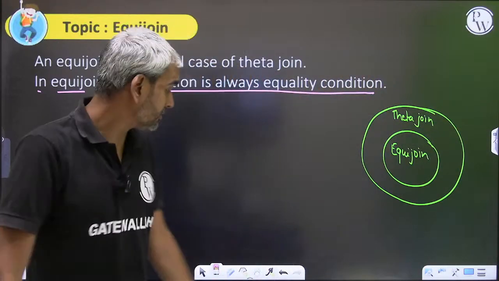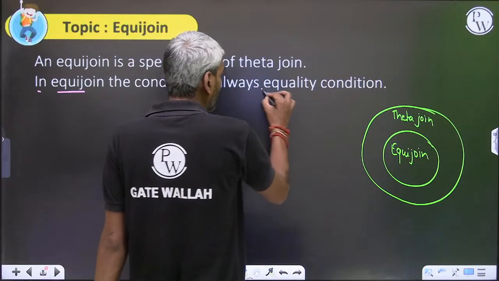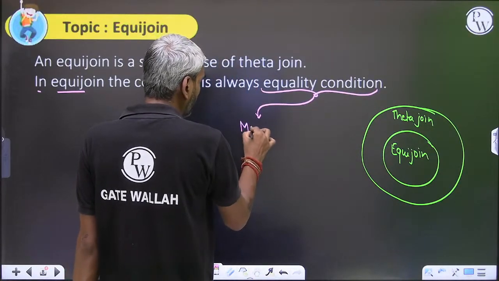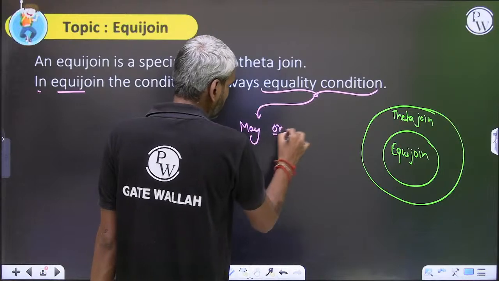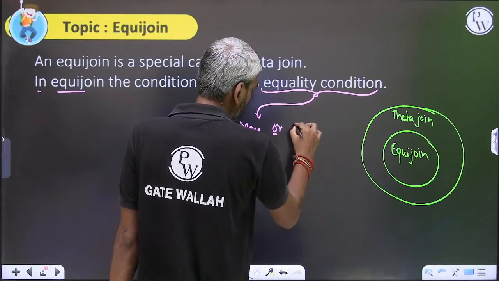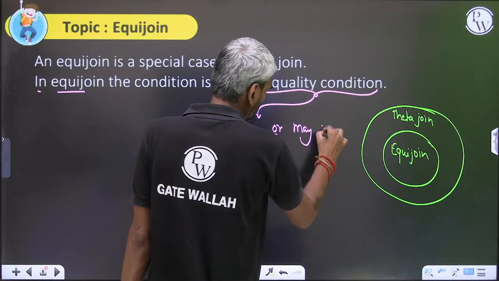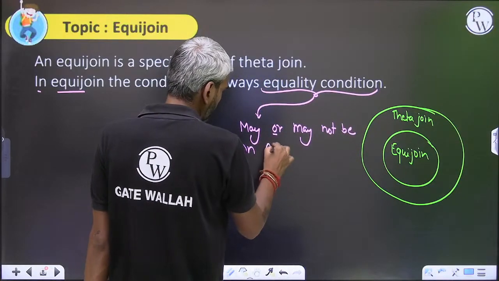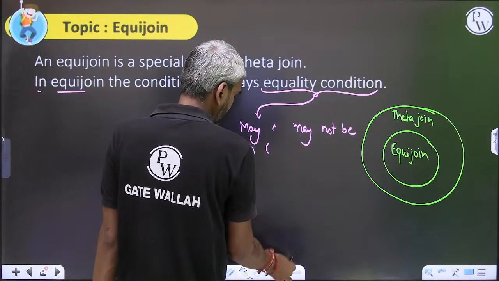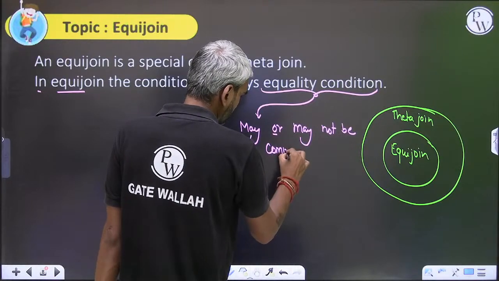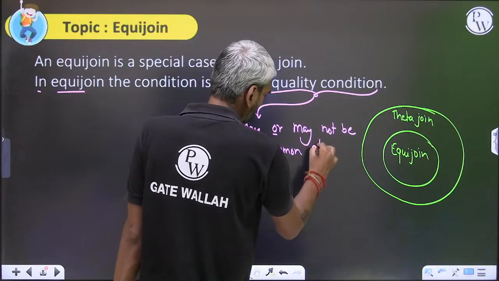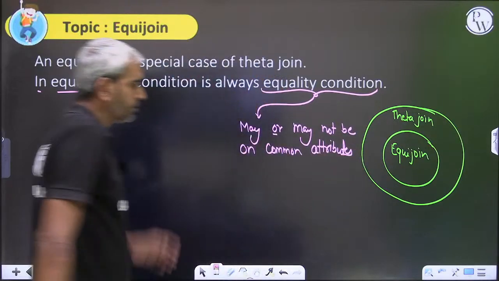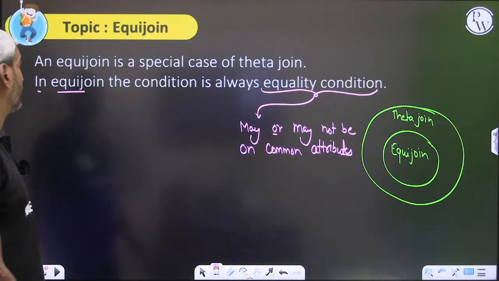The condition has to be equality condition, may or may not be on the common attributes.